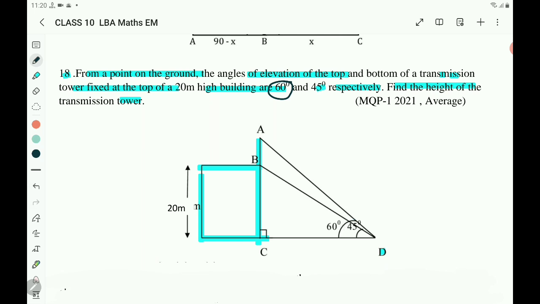Here from the same point D, both the bottom and top are viewed and the angle of elevation of the top is 60 degree and bottom is 45 degree.